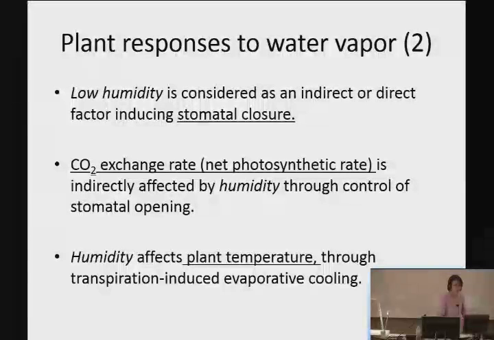How does humidity make temperature increase? When humidity is high and transpiration is reduced, then temperature goes up. You would have a complete understanding of that dynamics next week. All right, look forward to that.